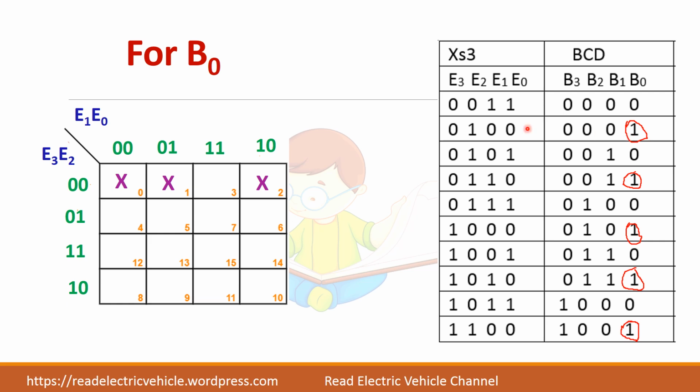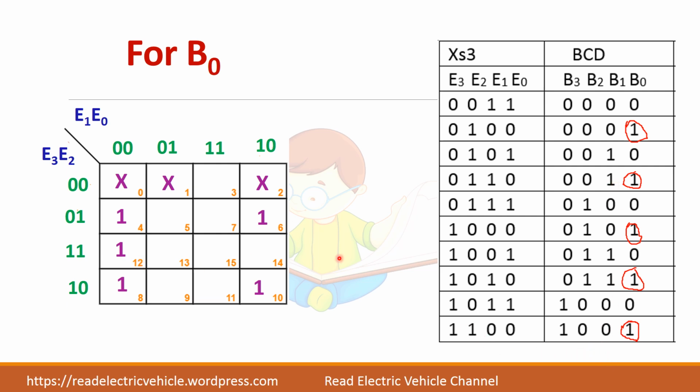Next one is 0100. So again this will be 1. Again this is 1. After that 1000, so this is 1 and here it is 1. Here it is 1. And after that you see 1100, there is no value because after that BCD value will not be there.